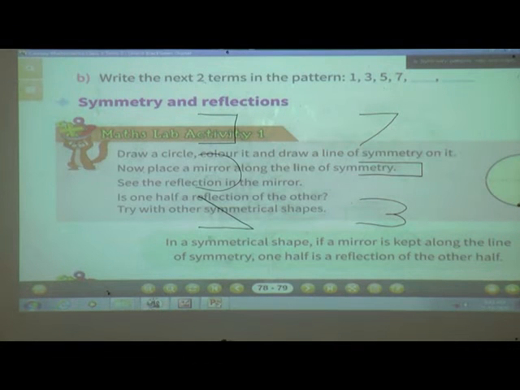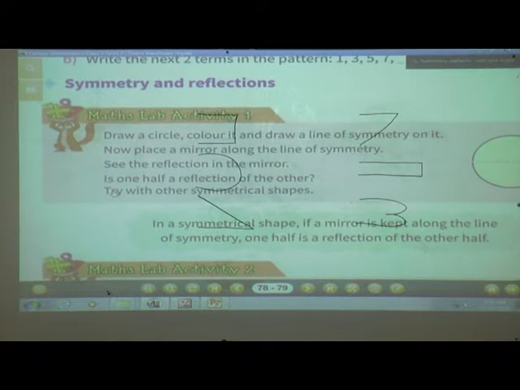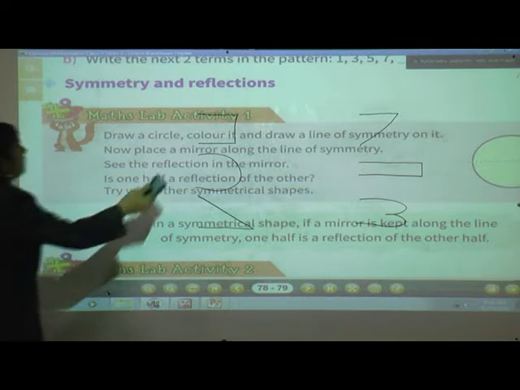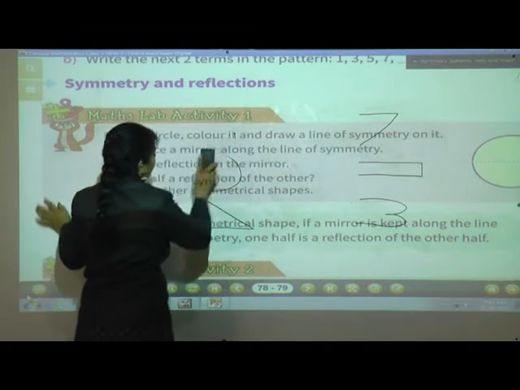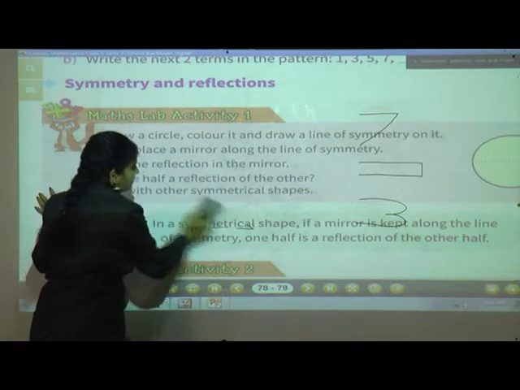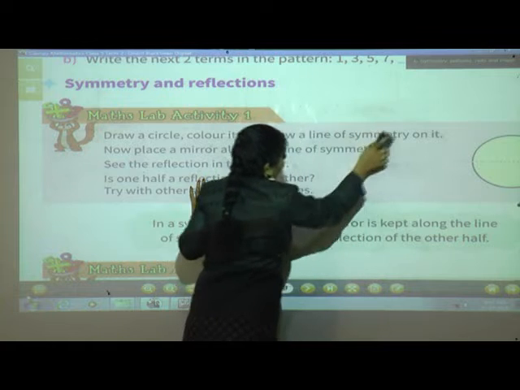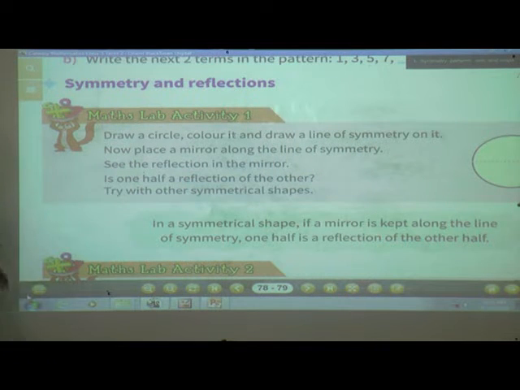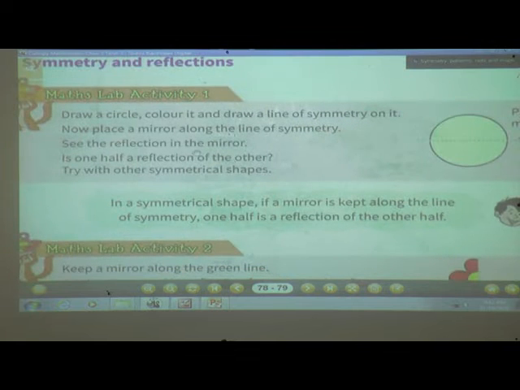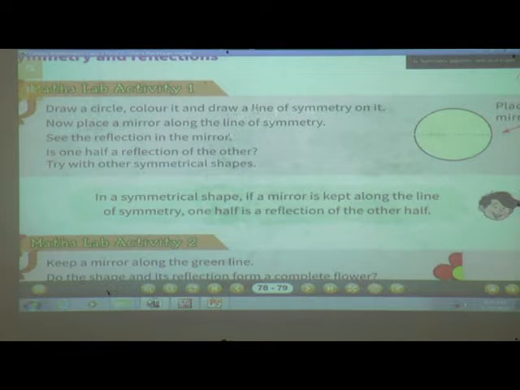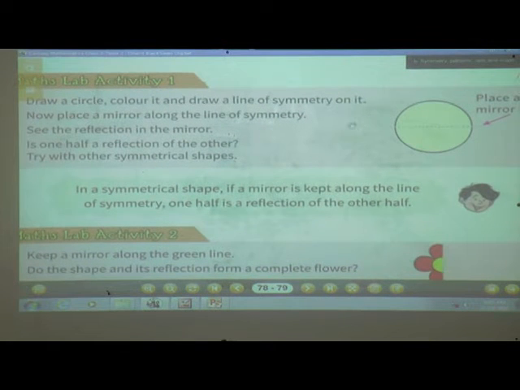See in your textbook, symmetry and reflections. Here they have given a maths lab activity. Draw a circle and color it, and draw a line of symmetry on it.